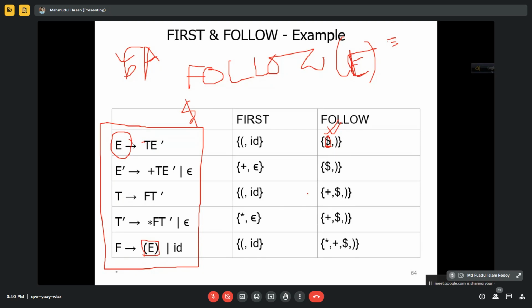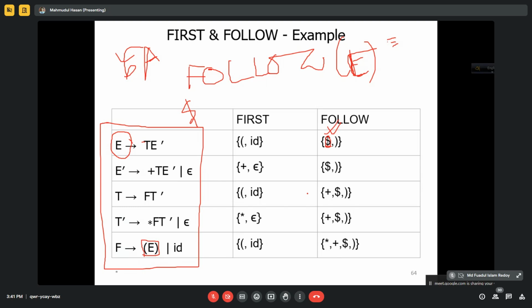But why? If you ask us why? If we want to know why, that is actually a long story. No problem, but that is not actually part of your final syllabus. So this first and follow we use for constructing predictive parser.